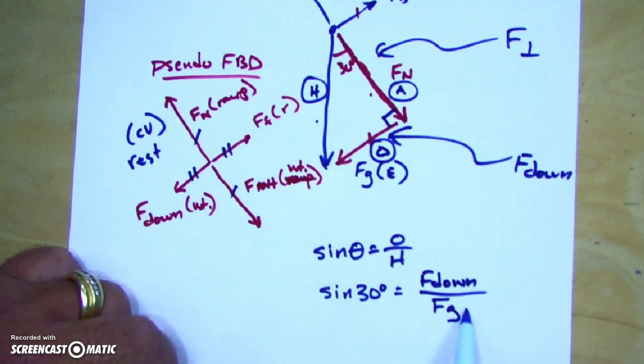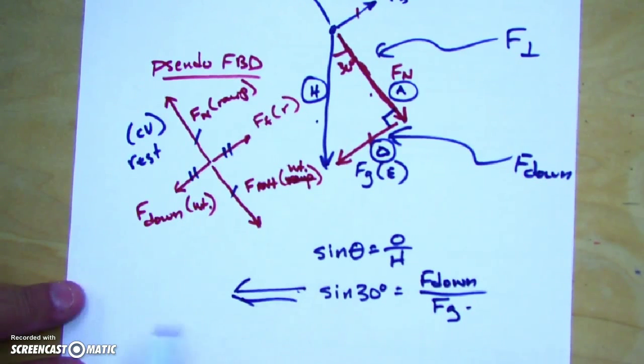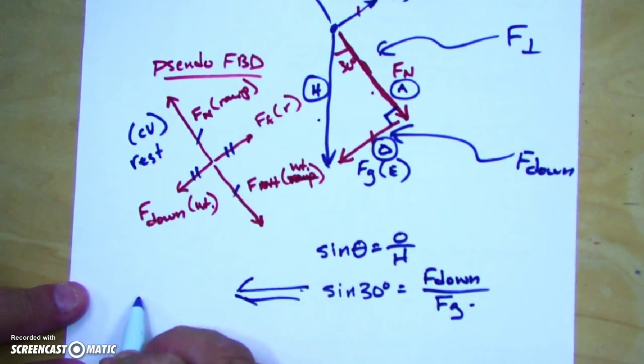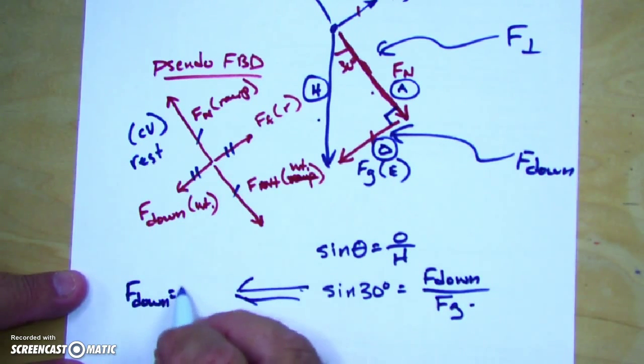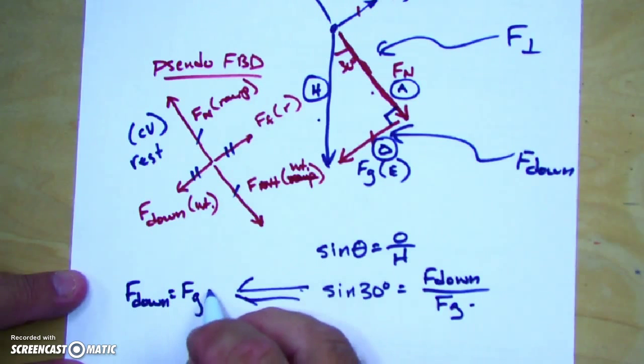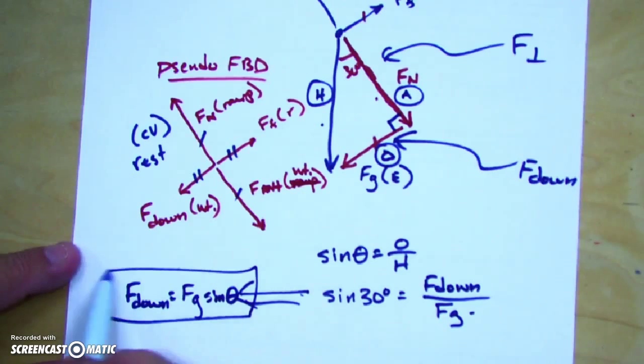And the total weight's usually given. So I can simplify that, and because usually I'm looking for F down, I can say F down is equal to FG times the sine of theta. That'll work all the time.